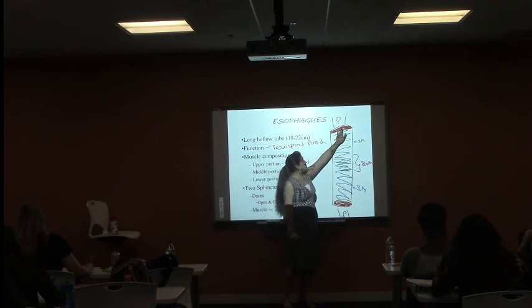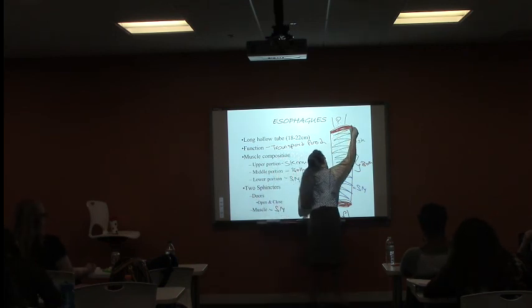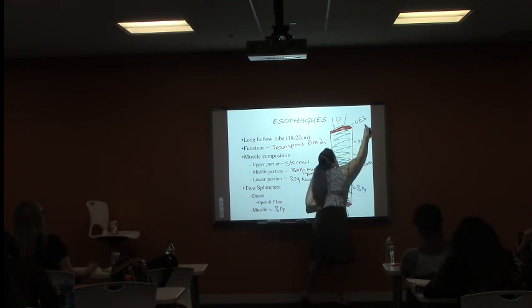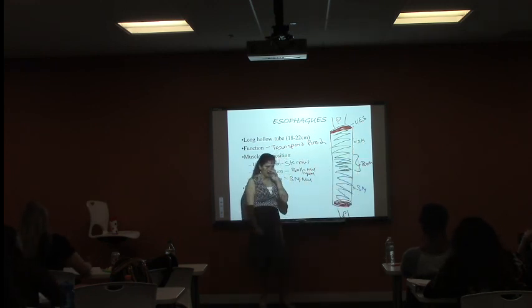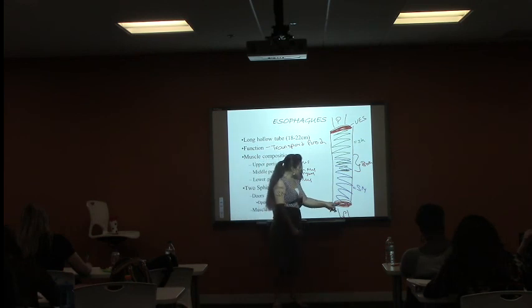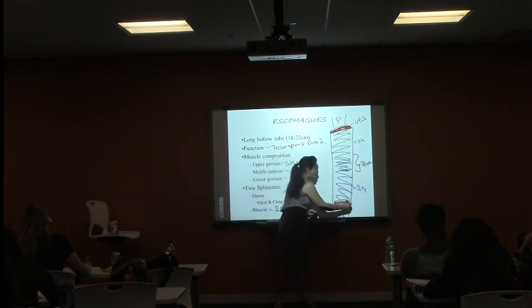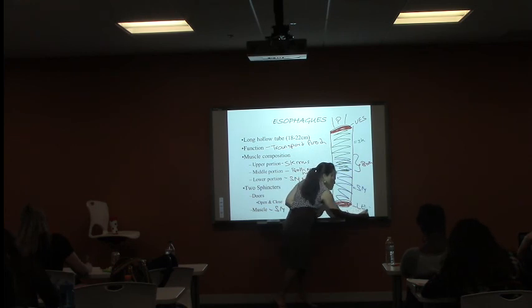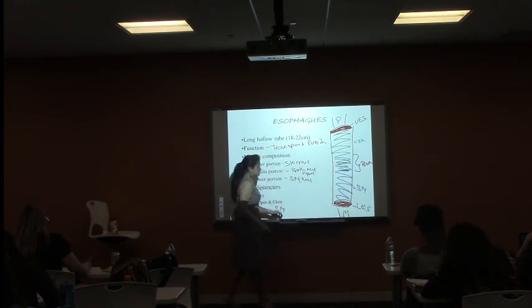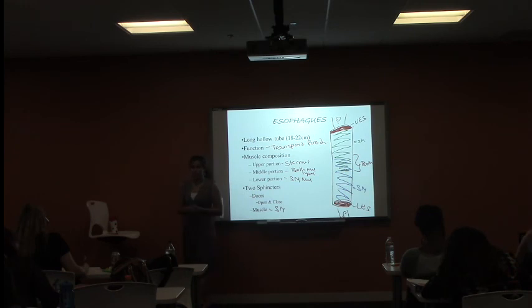So you find a sphincter between the pharynx and the esophagus, and this is called the upper esophageal sphincter. Okay? Then you have a sphincter that separates the esophagus and the stomach, which is called the lower esophageal sphincter. Okay? So we have two sphincters, upper and lower.